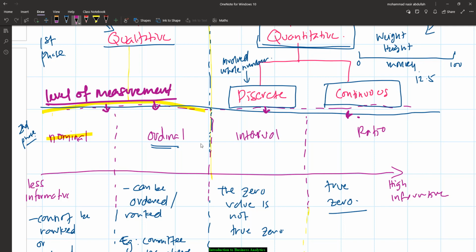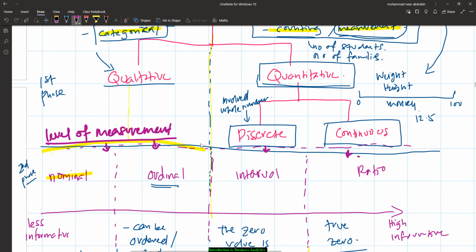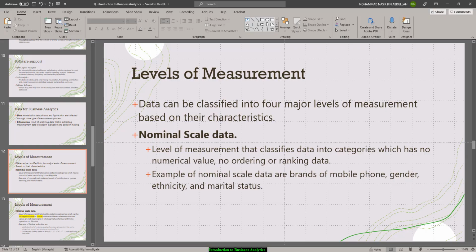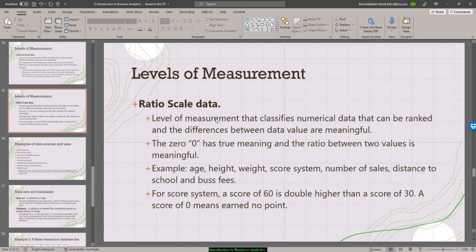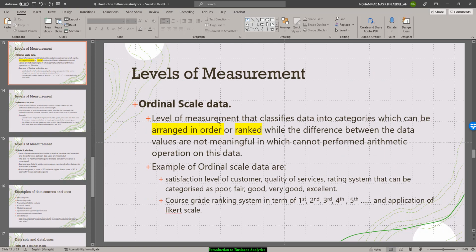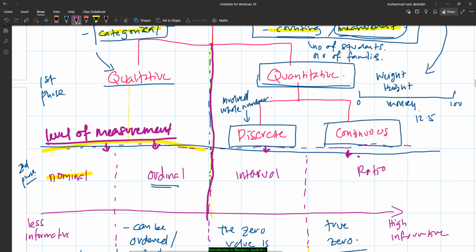So dalam level of measurement, we have four levels of measurement, which is nominal, ordinal, interval, and ratio. So you can refer to my slide as well lah, benda yang sama. So I made it simplified so you can understand which level of measurement lies under which part, right?